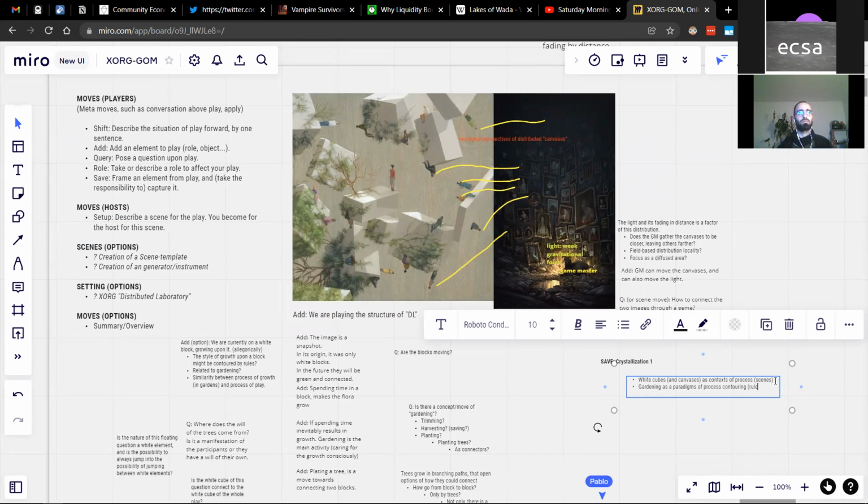Rules, let's put an example. Rules are similar to play as, I don't know, scaffoldings for gardening.